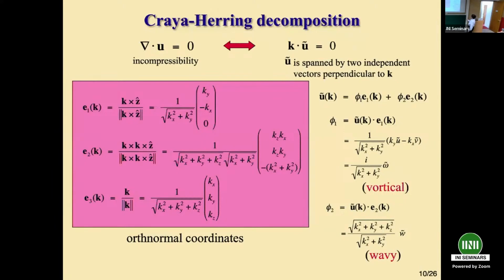So the u Fourier component is spanned by two independent vectors perpendicular to k. That's why we use two components.